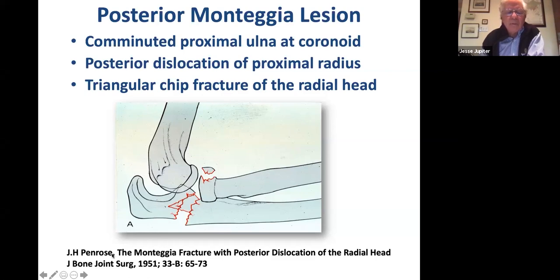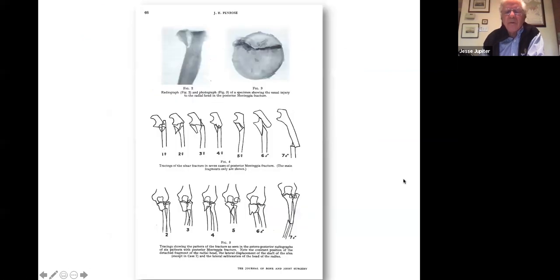And the fellow who best described this was Penrose in 1951. And this was his paper. And he basically tried to duplicate this fracture with cadavers just forcing a load on their wrist with their elbow against a solid board.